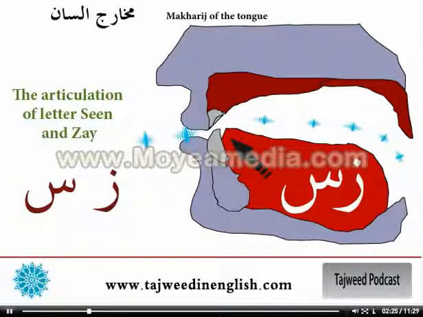It has al-itbaq, as we have mentioned. The upper part of the sides of the tongue will move up to the roof of the mouth. So it has the quality of isti'la and full mouth, and the quality of at-tafkhim, which is, as you can see, a heavy letter.